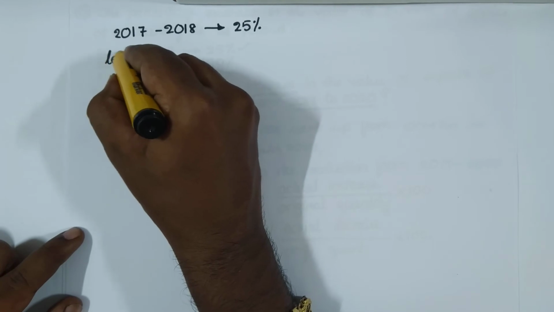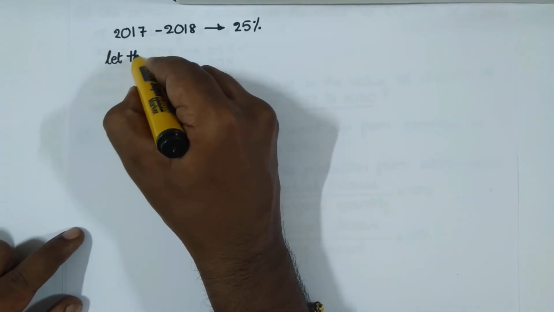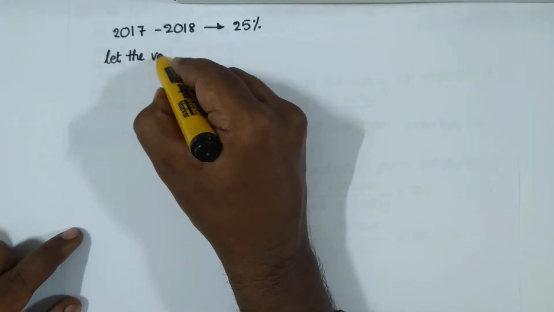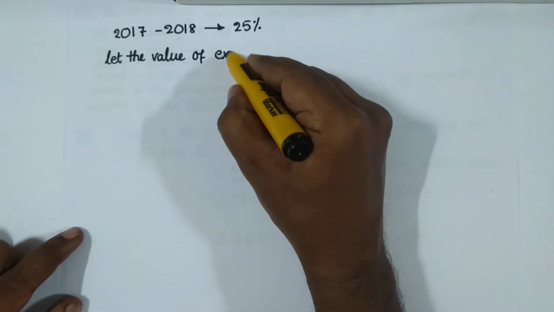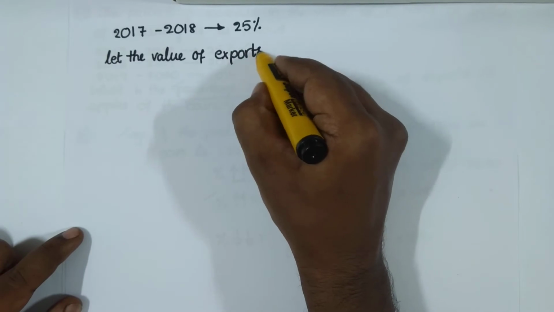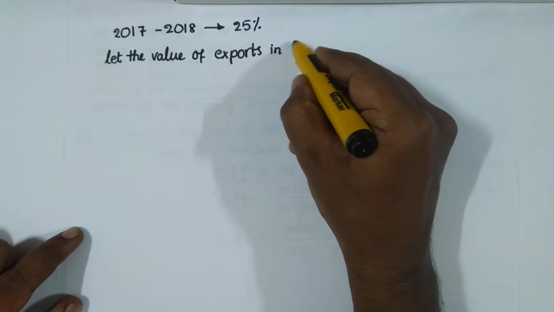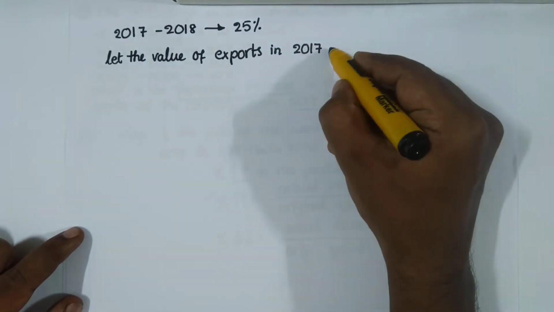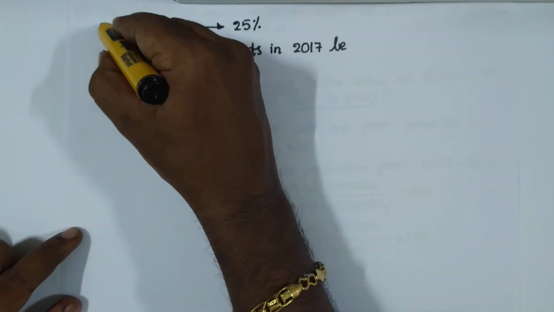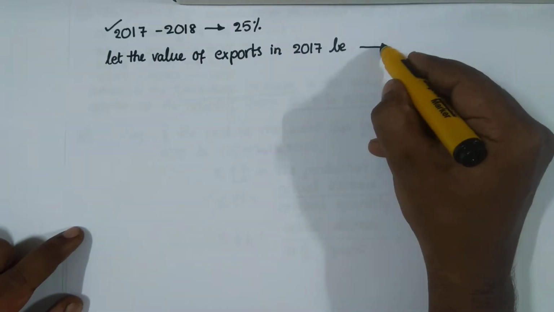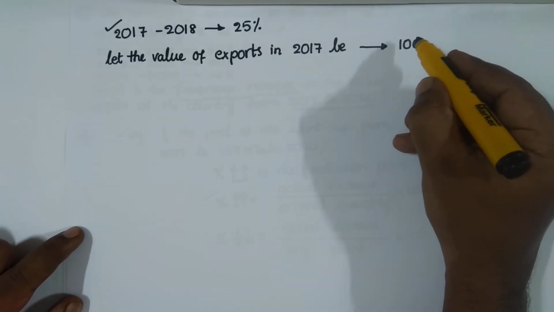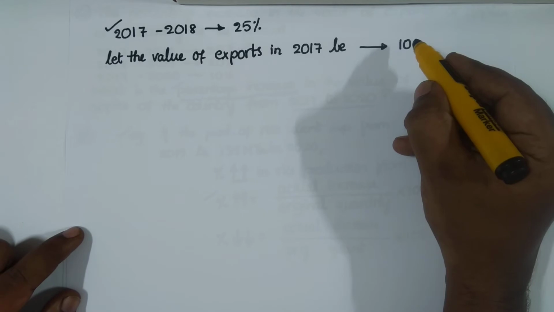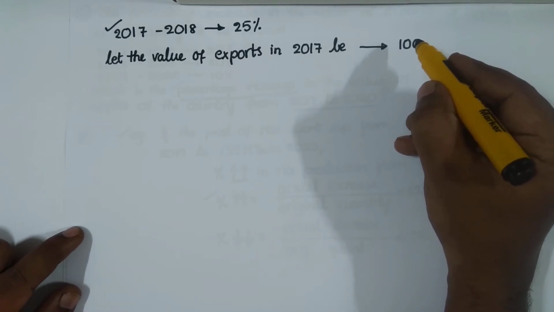I'm working it out completely for you, and you can make it simple. Let the value of exports in 2017 be... Whenever you are solving percentage based problems, always take the base value as 100 or 100%.